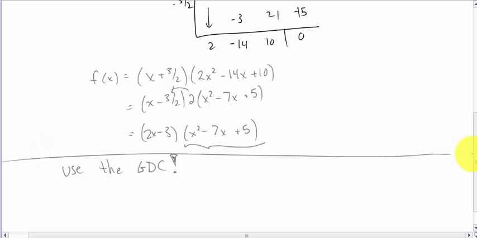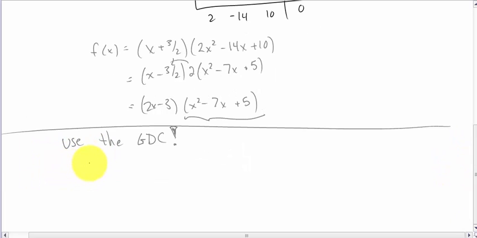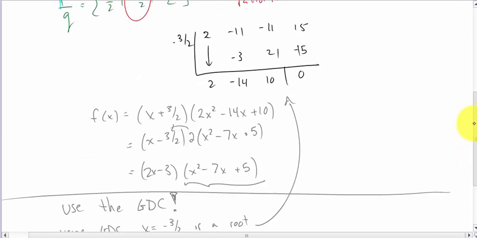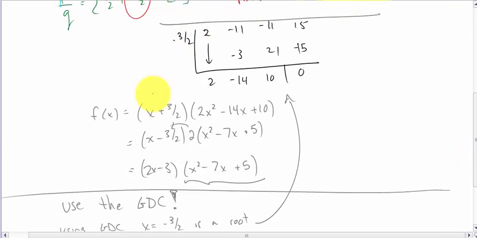So what I can do at this point is jump right into the synthetic division using the GDC. X equals negative 3/2 is a root. And I can jump up here to this synthetic division, get my factors, and find my remaining zeros exactly from this quadratic using the quadratic formula.